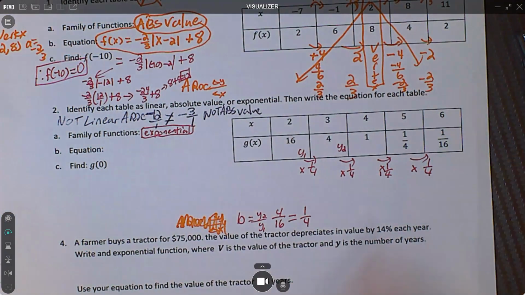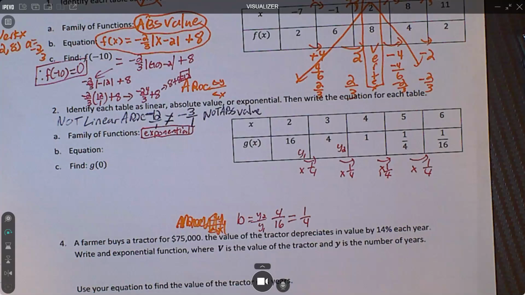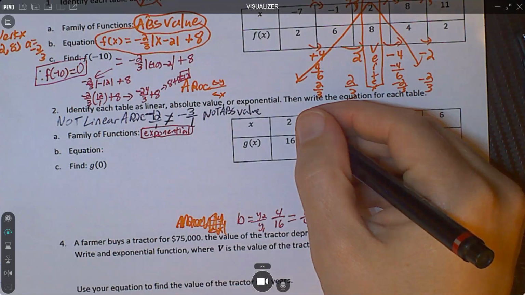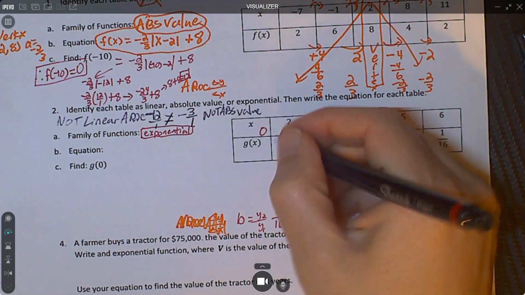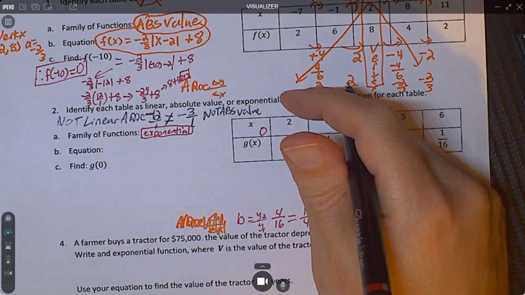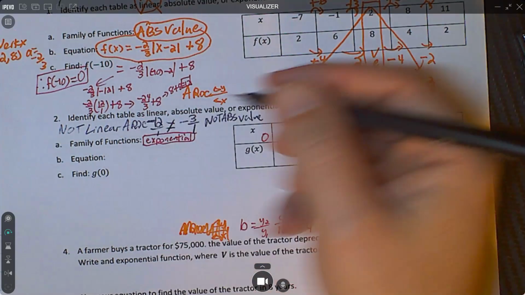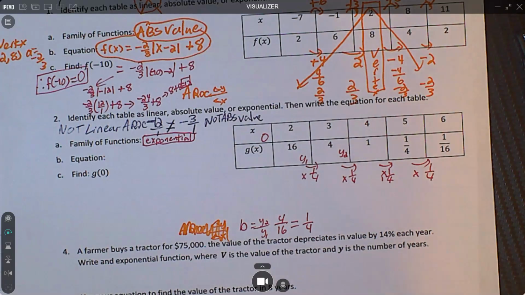Okay, so with this equation, we can write it a little bit different. We know we have to find x, which is 0. We can find the y. So the equation has what is called a horizontal shift.